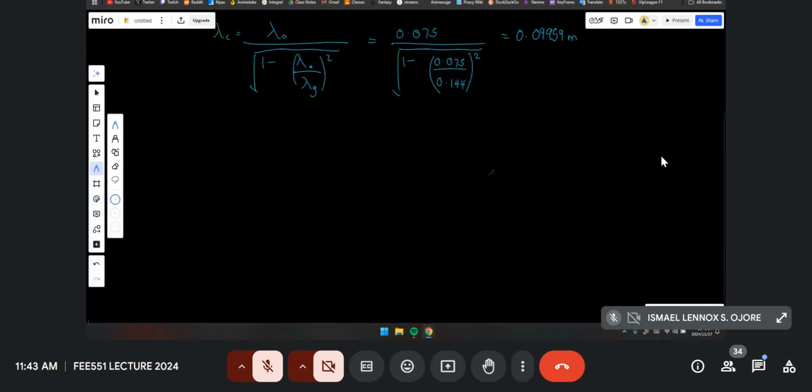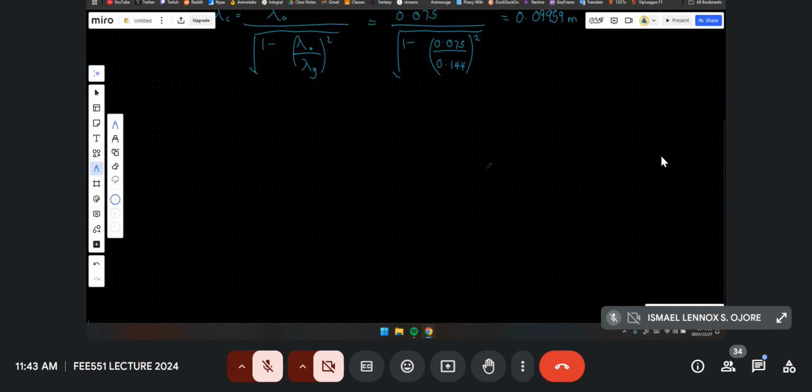Okay, the second part of the question asks about the group velocity. The group velocity will be c times the square root of 1 minus fc over f squared.